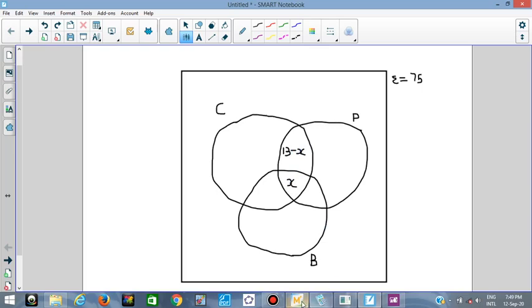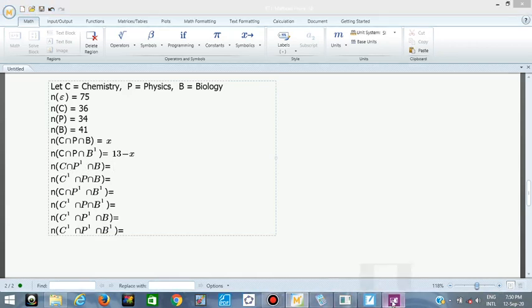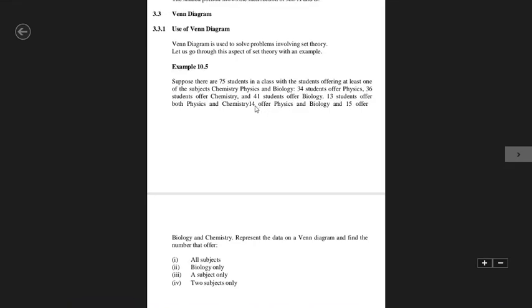That is what you are going to write in this place, which is 13 minus X. So you have settled that one. Take note of that. Then the next thing is those that did chemistry and biology, they didn't do physics at all. Let's go to the question and look for them. So they said 14, okay, it's 15.